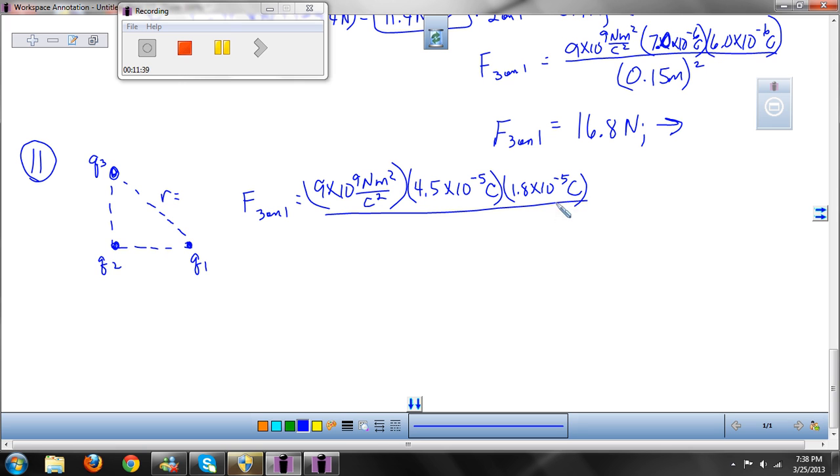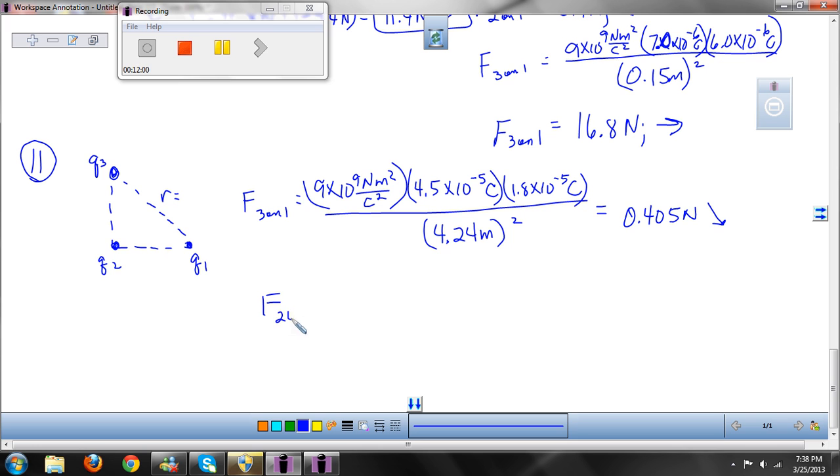And then the distance R, I got 4.24. Pythagorean theorem, don't forget to square it. So that one is 0.405 newtons. And it's pushing along that diagonal, which we'll have to deal with in a minute.